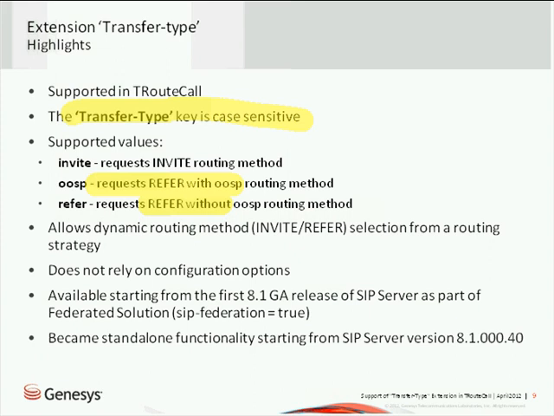This functionality, the transfer type extension, was originally implemented as a part of the SIP server federated solution in the 8.1 GA release. This federation solution is a kind of centralized dialing plan deployment, when you have a lot of different switches, Cisco, Asterisk, normal TDM switches, with some media gateways, and you want to keep the dialing plan centralized.